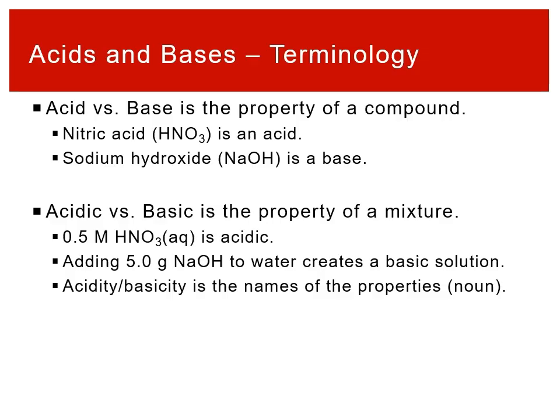If we start to talk about mixtures, for example, nitric acid dissolved into water, we could call that mixture, that solution, acidic. So that would be an acidic solution. If you dissolve sodium hydroxide into water, that would make a basic solution. So you don't make a base when you dissolve sodium hydroxide into water, you make a basic solution. The sodium hydroxide is a base. Acidity or basicity is the name of that property.